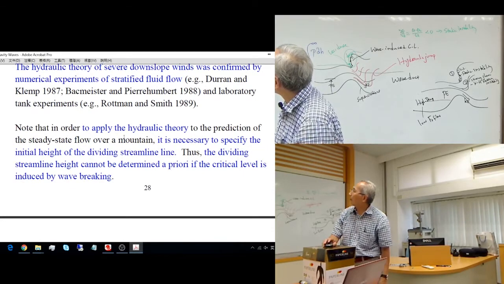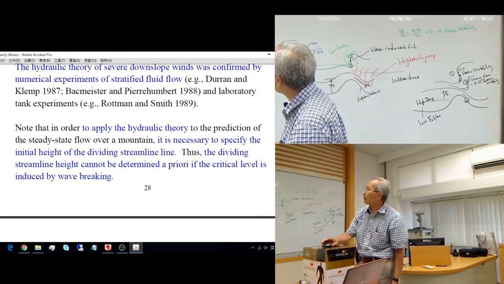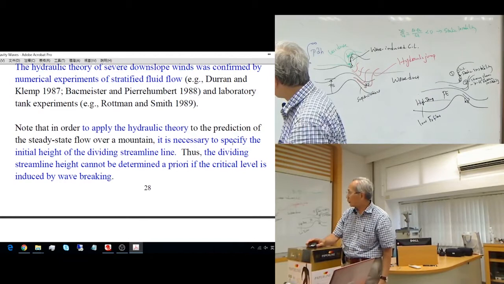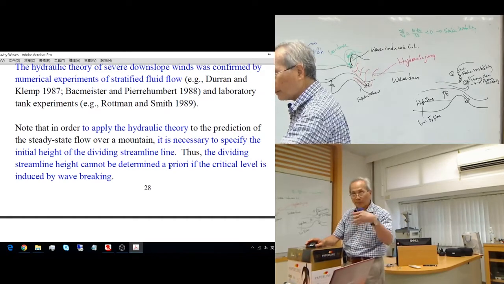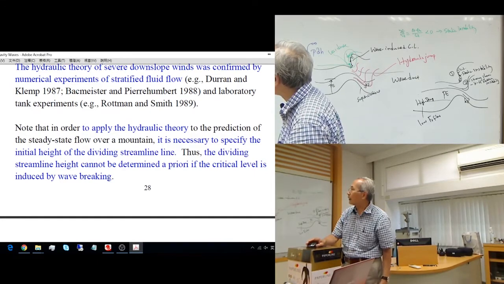Here is a requirement for this hydraulic theory. Based on the hydraulic jump idea, it is necessary to specify the initial height of the dividing streamline. You have to specify it. Thus the dividing streamline height cannot be determined a priori, you cannot determine it beforehand, if the critical level is induced by wave breaking.